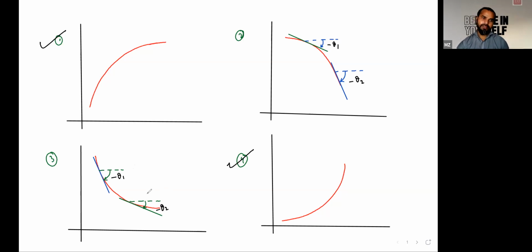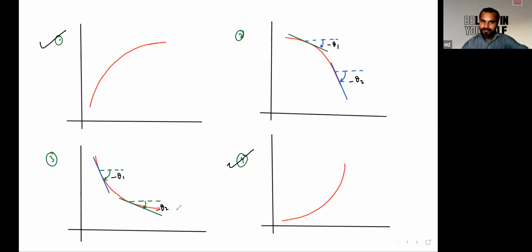Now, Heba, tell me whether this particular slope is increasing, decreasing, or constant. Decreasing. Here, if you take the magnitude of theta1 and neglect the sign, theta1 is greater than theta2.